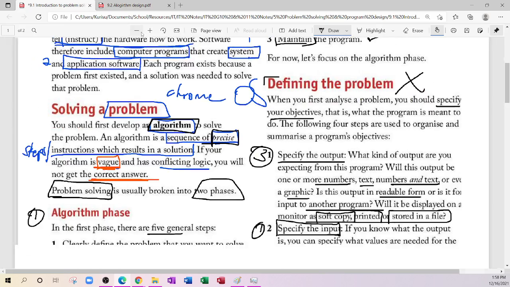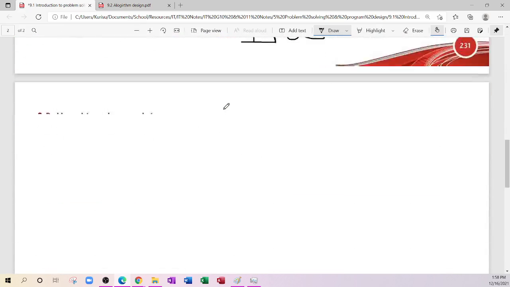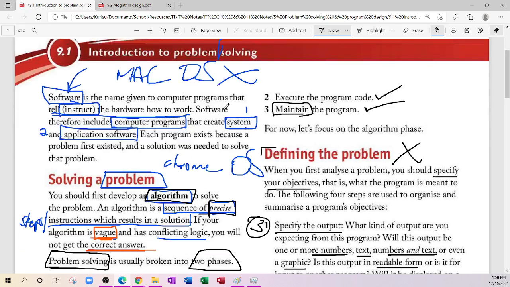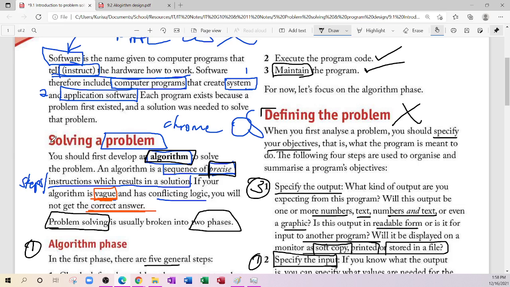So, in conclusion, we're finished with this chapter here. What have we learned in this chapter? We learned what is software, how important software is. It controls the hardware. So that's why we create software today, and that's what we are learning about. How to create software, how to create programs. What is the first step? Problem solving, solving a problem.